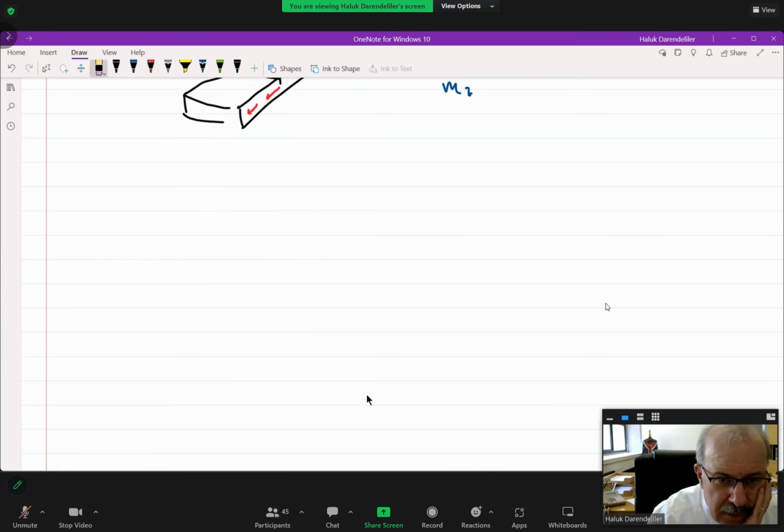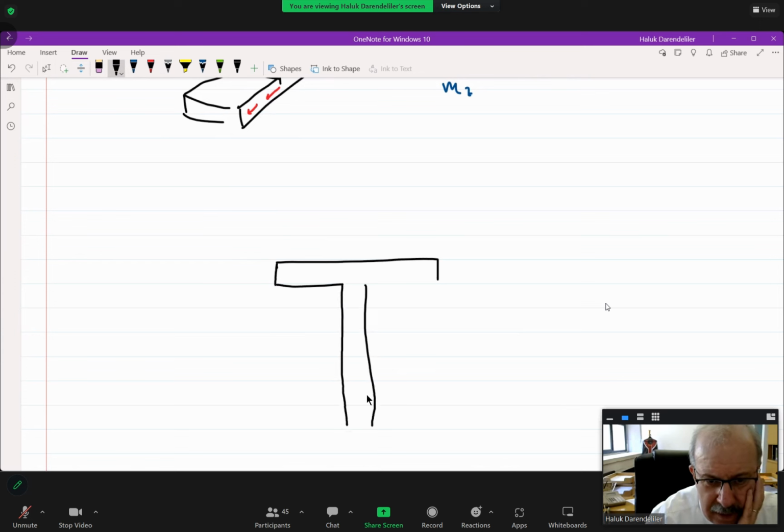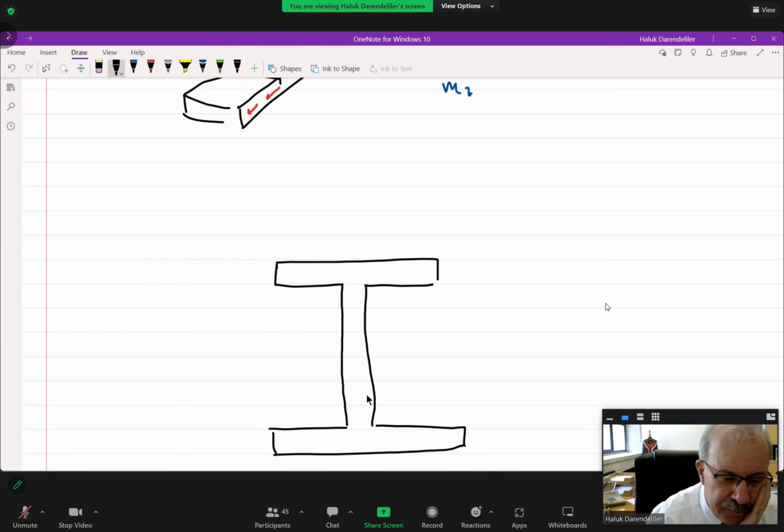Look, this is the I-beam that we are talking about. Now, I'm going to draw two graphs, the shear flow and shear stress.